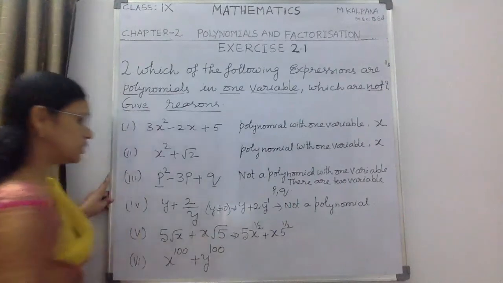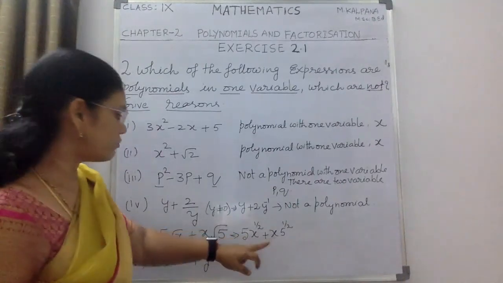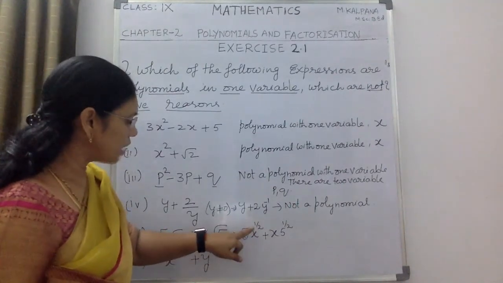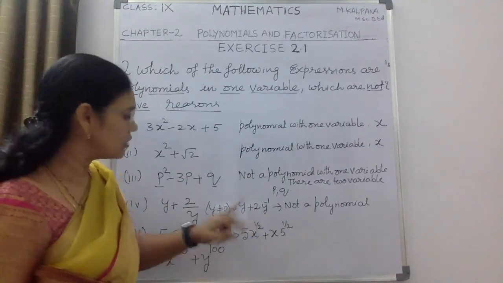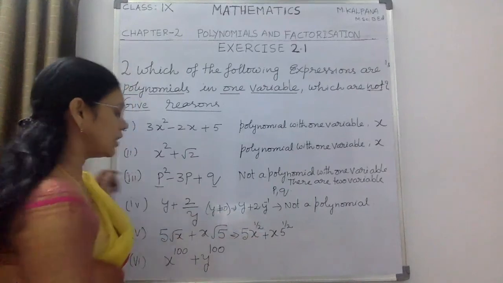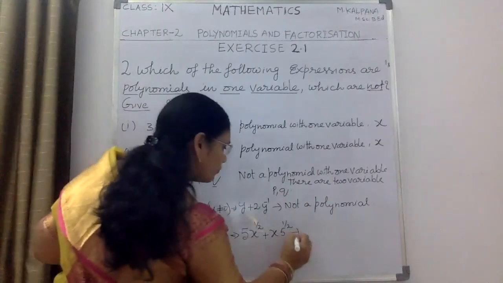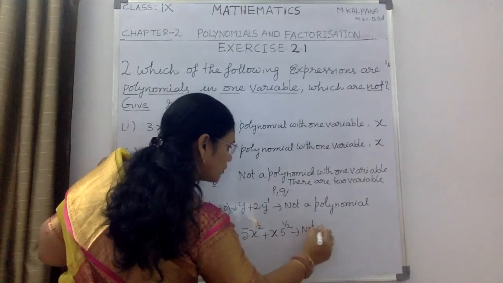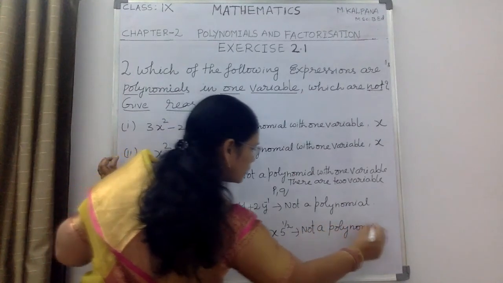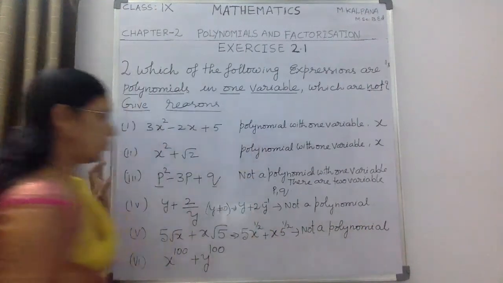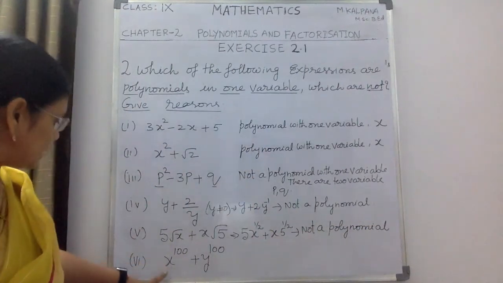Even root 5 can be represented as 5 to the power of 1 by 2. Here x to the power of 1 by 2 means this is not an integer, this is a fraction. So this is also not a polynomial.